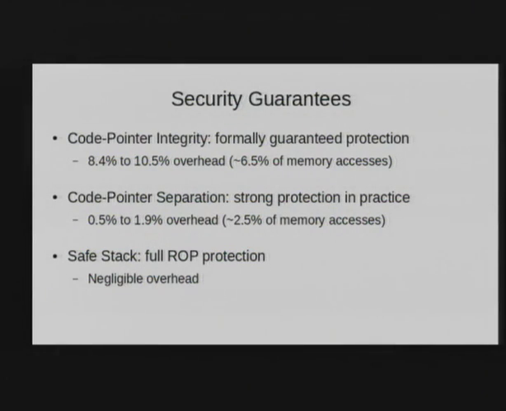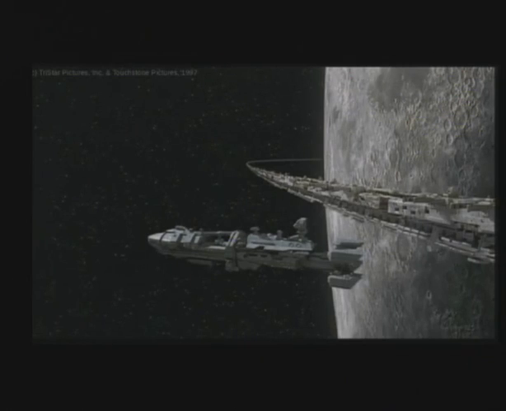So to summarize, we've built a set of defense layers around our system that we can deploy one after the other, and they build on top of each other. There's the safe stack that starts at the beginning, and in addition to that, we have code pointer separation and code pointer integrity if you want full protection.